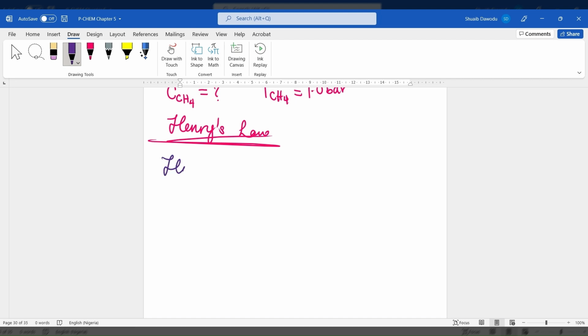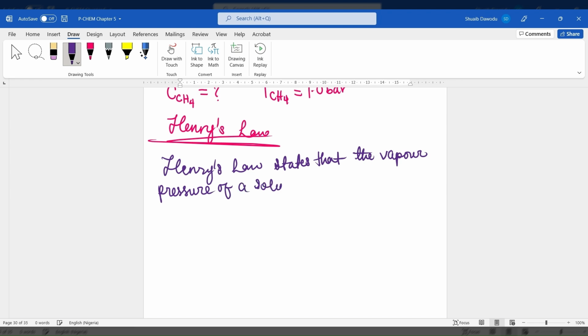Henry's law, this is the first law, states that the vapor pressure of a solute is directly proportional to its mole fraction.